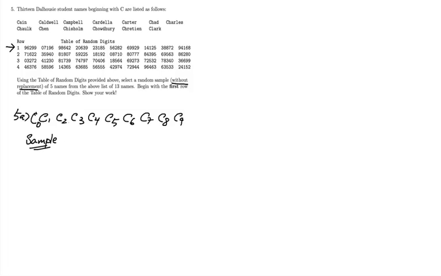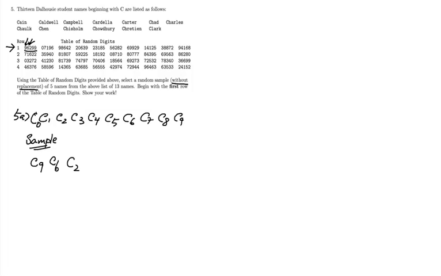Our sample would be, by following the random number table, we roll a 10-sided die, and the first number that we get is 9. So the first person that gets sampled is C9. Then we roll the 10-sided die again, and we get a 6, and the second person that gets sampled is C6. We do this again, we get a C2.